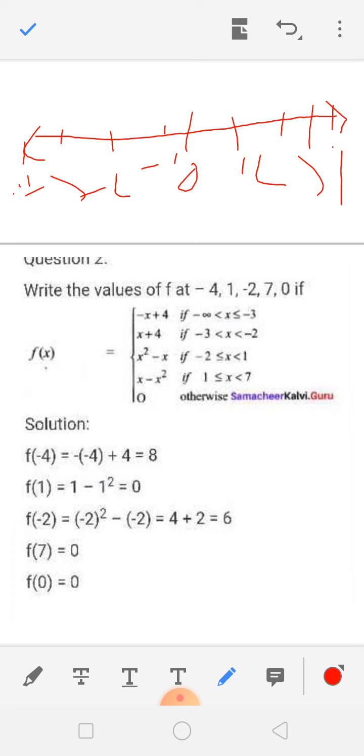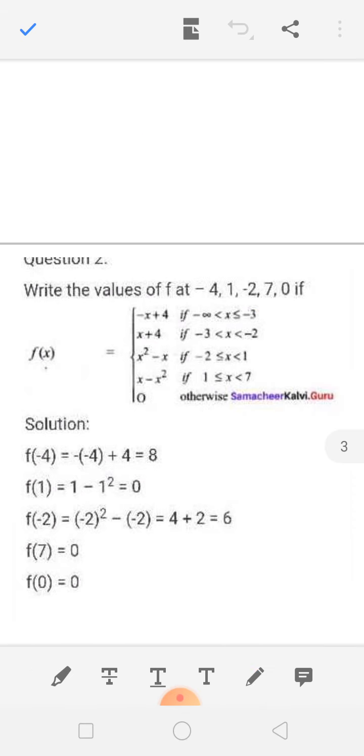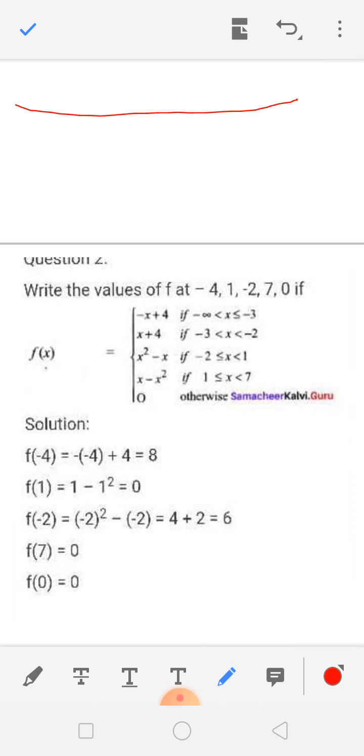So look at that, where is minus 4? Minus 4 is in the first interval only, because x is larger than minus infinity and less than or equal to minus 3. So this is minus 3 and this is minus 4. So minus 4 is smaller than minus 3 only, correct? So we have to use the first one.